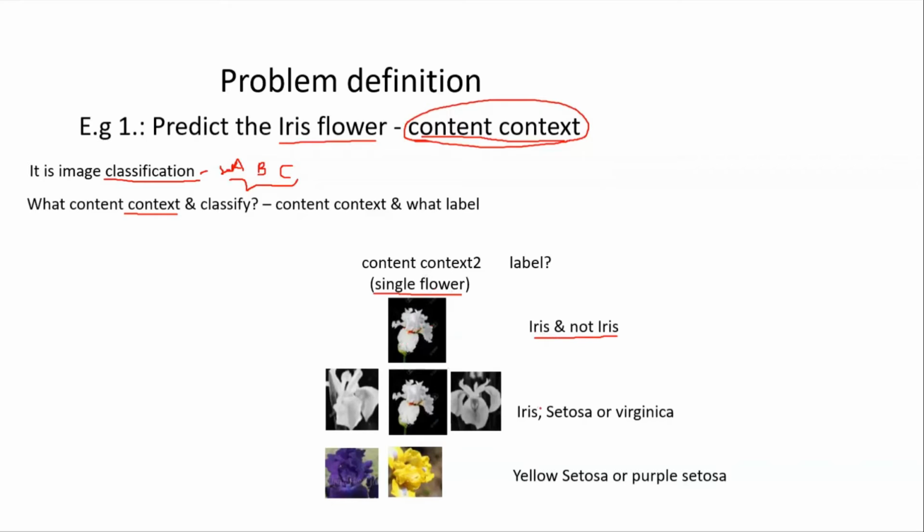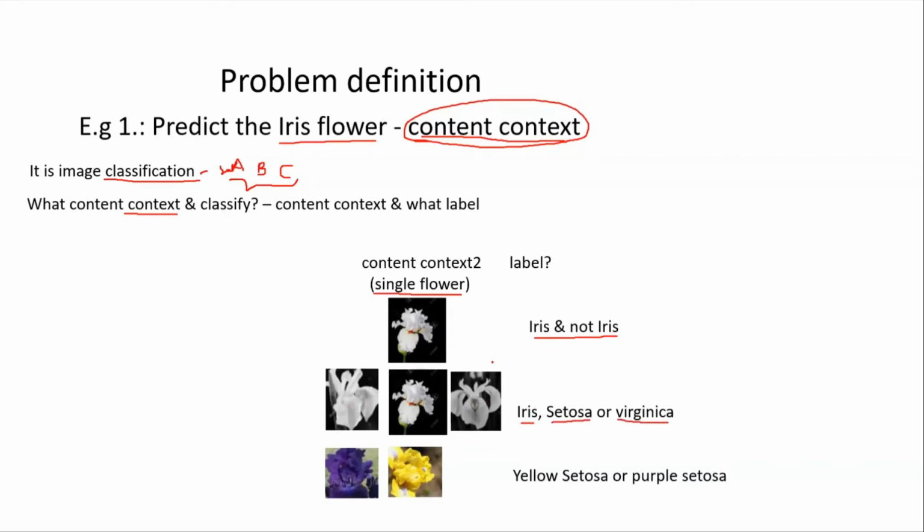Okay, so another one is where you have three categories of iris flower: iris, setosa, and virginica. So this is iris, this is setosa, this is virginica. You're going to have three labels, three classes, three categories of flower.